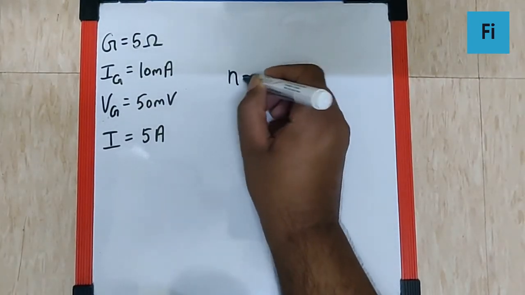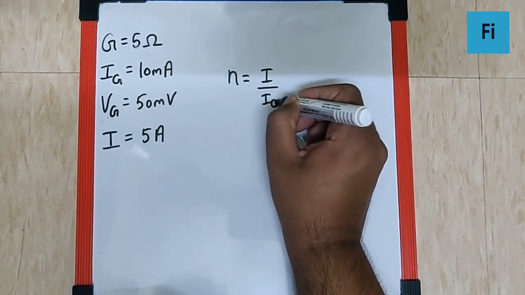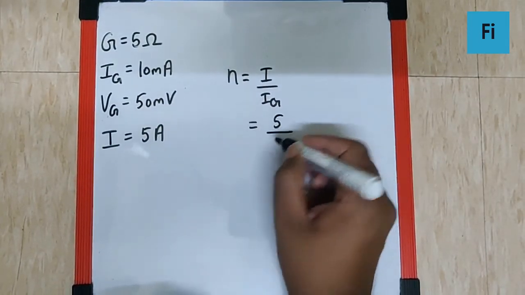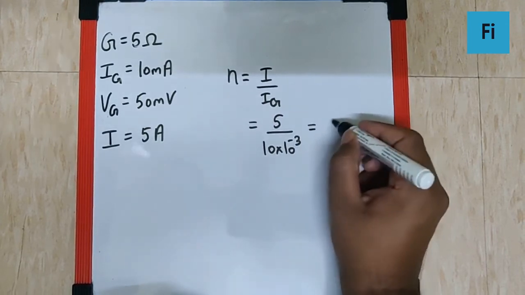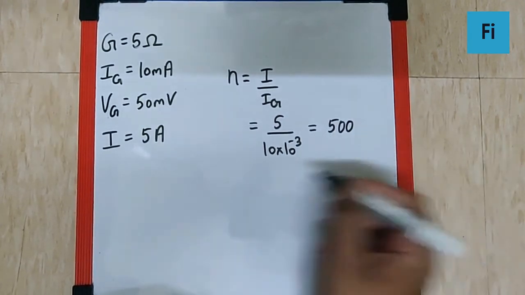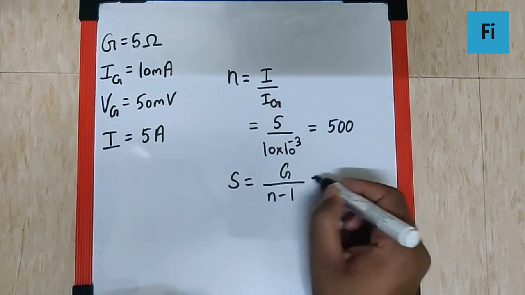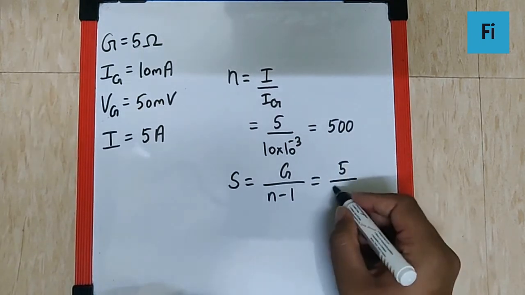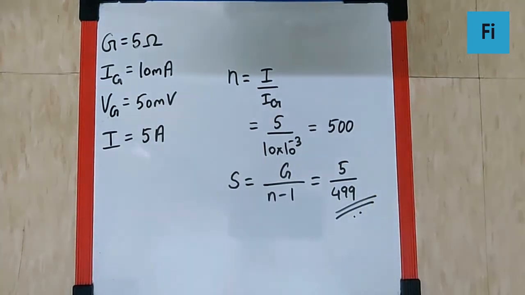We can use the current ratio N equals I by Ig, that is 5 upon 10 into 10 raised to minus 3, which is equivalent to 500. Now we know S is G upon N minus 1. G is 5, N is 500, and 500 minus 1 is 499. So 5 by 499 ohm is your final answer.